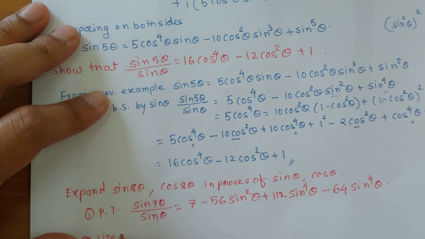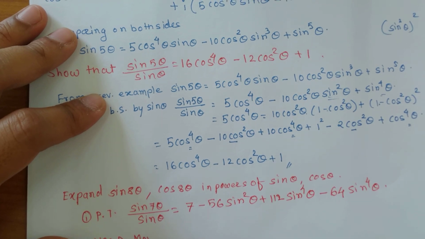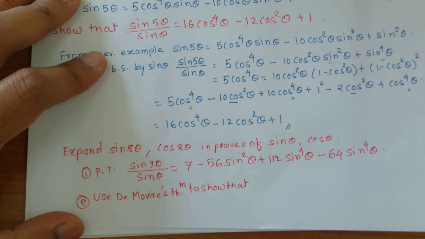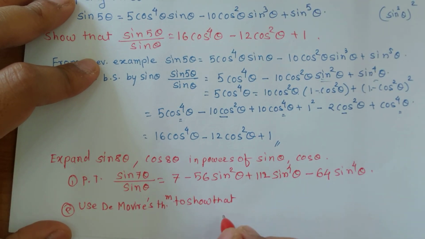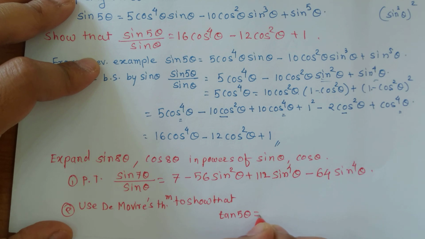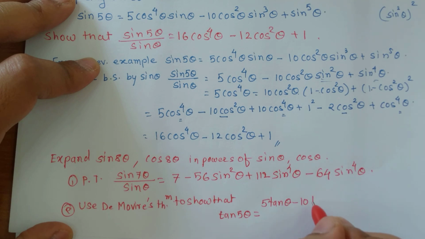Use De Moivre's theorem to show that tan 5 theta is equal to 5 tan theta minus 10 tan cube theta plus tan raised to 5 theta, whole divided by 1 minus 10 tan square theta plus 5 times tan raised to 4 theta.